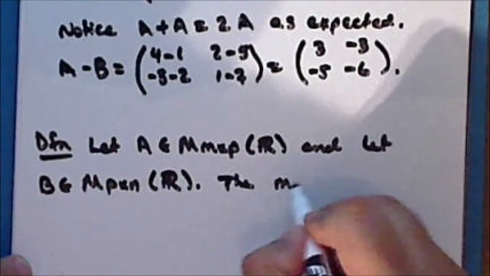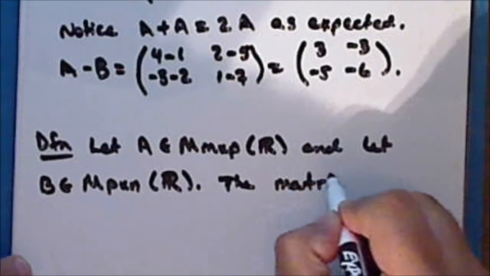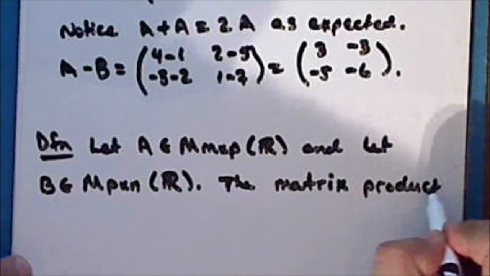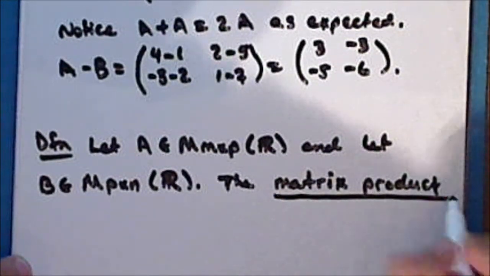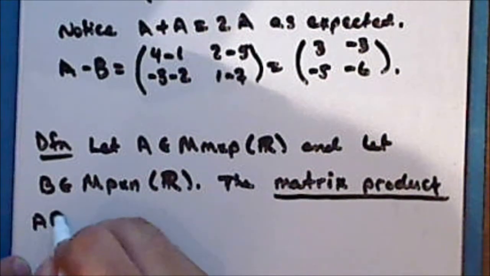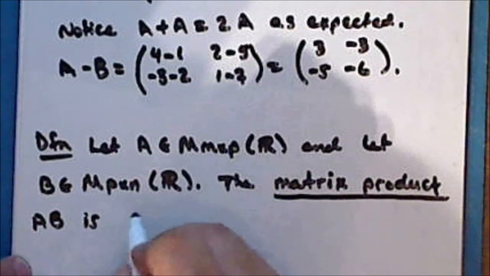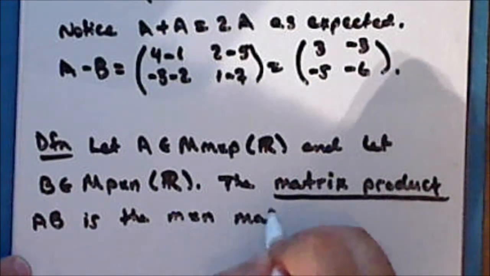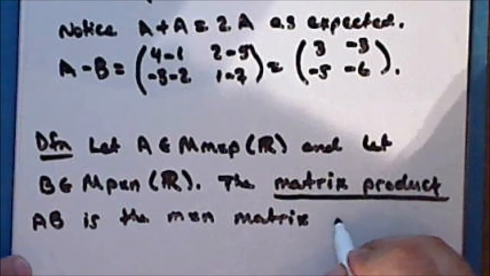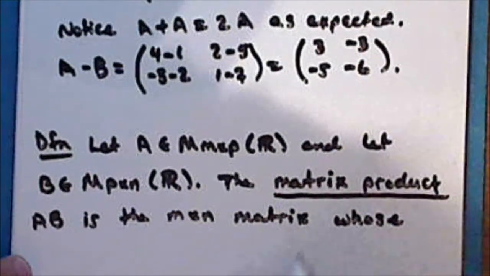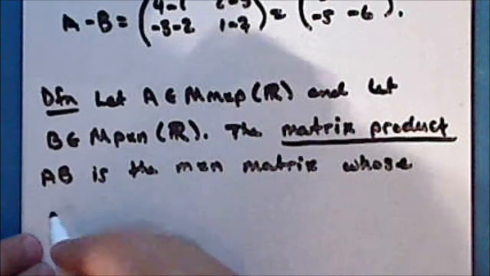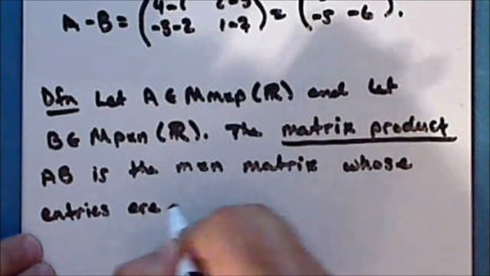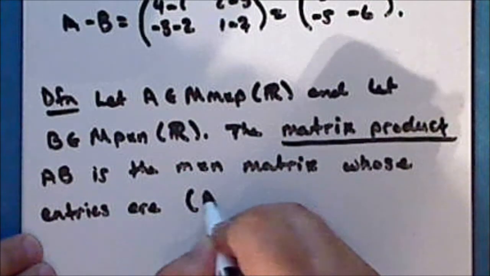The matrix product A times B is the M by N matrix whose entries are as follows.